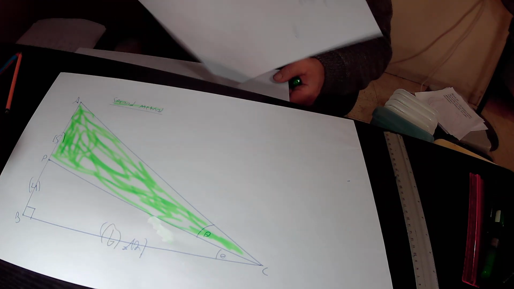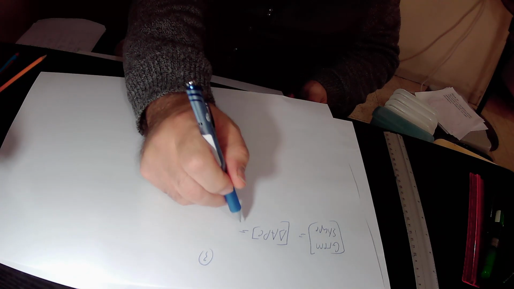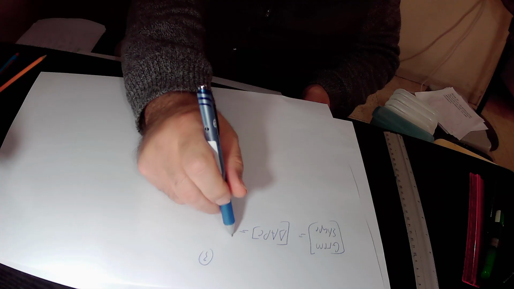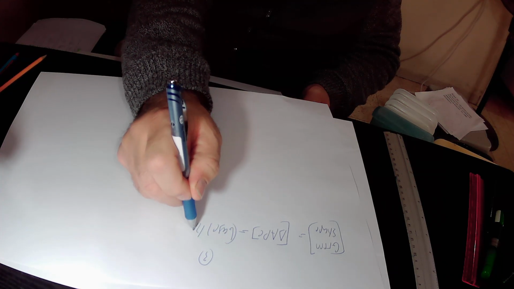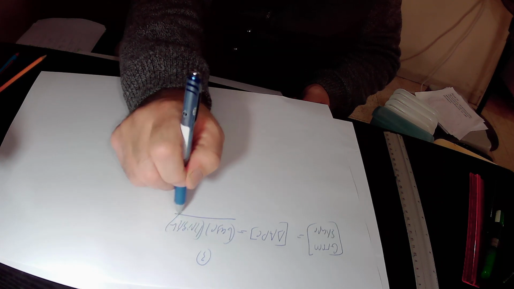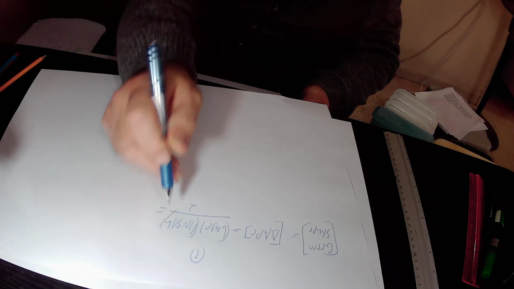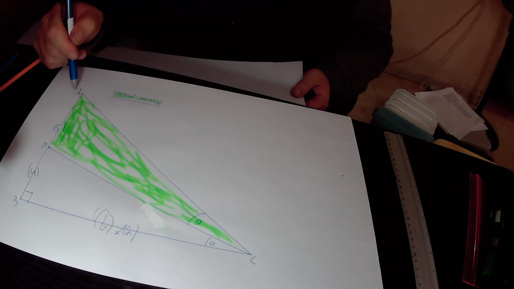Again, our task is to find out the area of the green triangle APC. The area of the green triangle equals the base of the triangle times the height to the base over 2. We'll choose the base of this green triangle APC as AP.